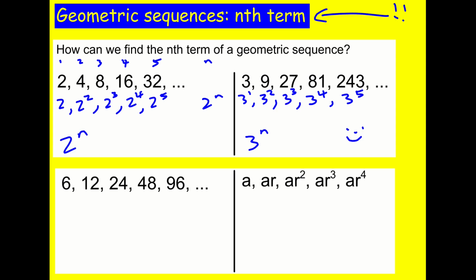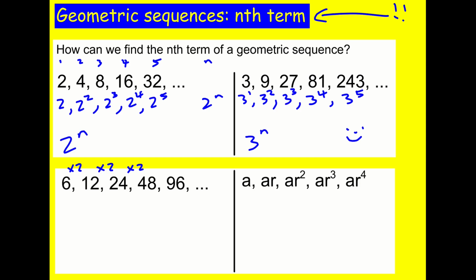What happens then when we don't just have something to the power of n? Here you can see I'm timesing by 2 each time. But this time it's not quite as simple as just having the powers of 2. There's something else going on. I'm going to explain 2 ways of doing this, and you can decide which you prefer.